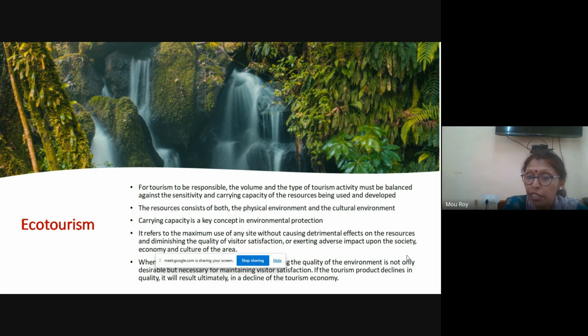So you have to ensure that, if the demand is more and the supply is less, then you cannot satisfy the customer. So if the tourism product declines in quality, which you need to maintain, it will ultimately result in a decline of the tourism economy. So that is where the carrying capacity concept comes in.